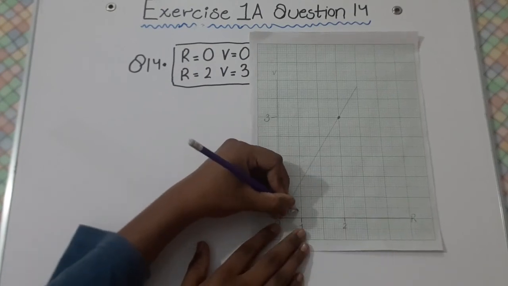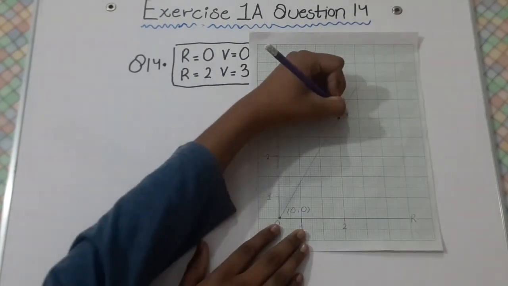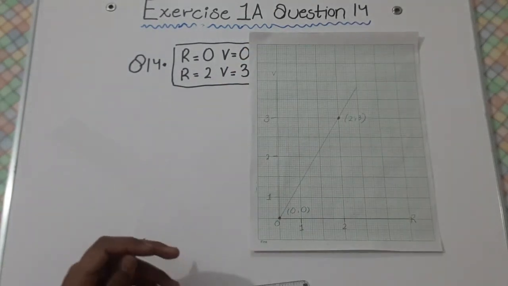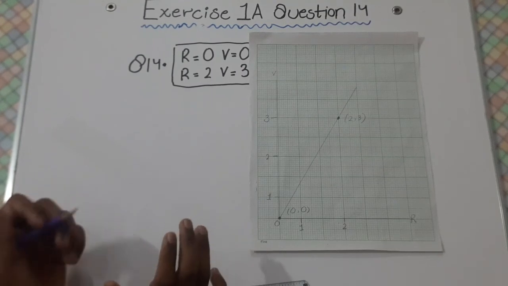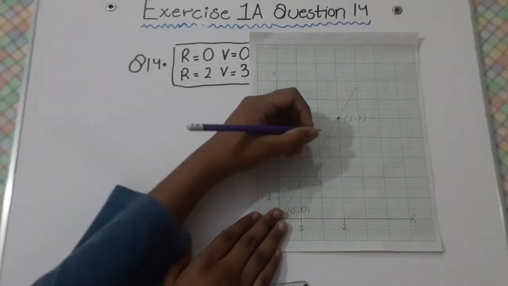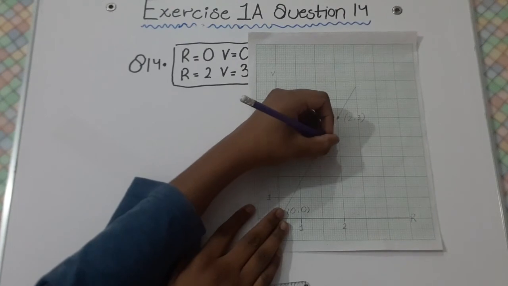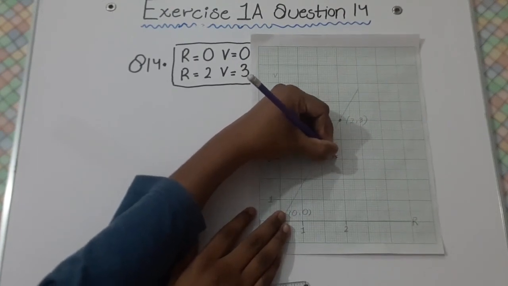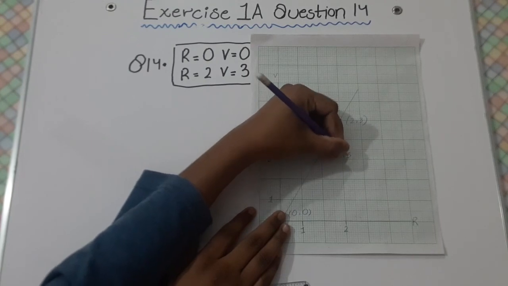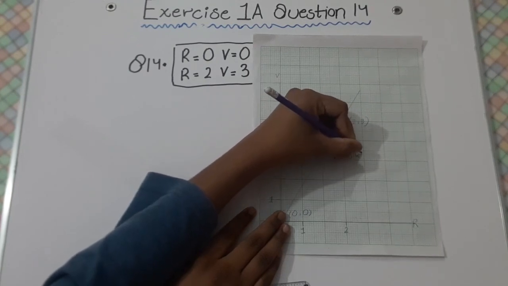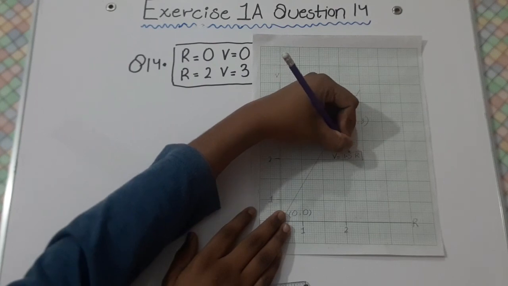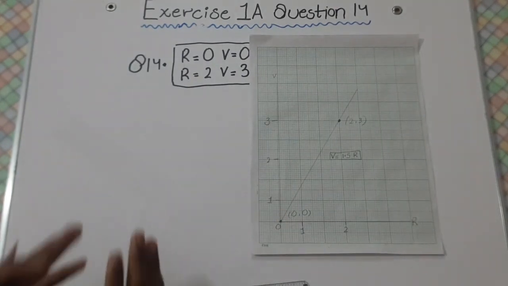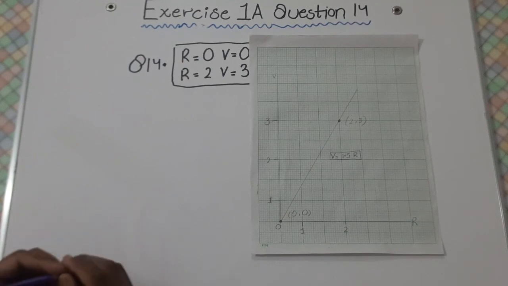This is 0, 0, and this is 2 and 3. And we have to make sure to write the equation for which we have plotted the graph. So the equation is V equals 1.5 R. This is the main equation for which we have plotted the graph.